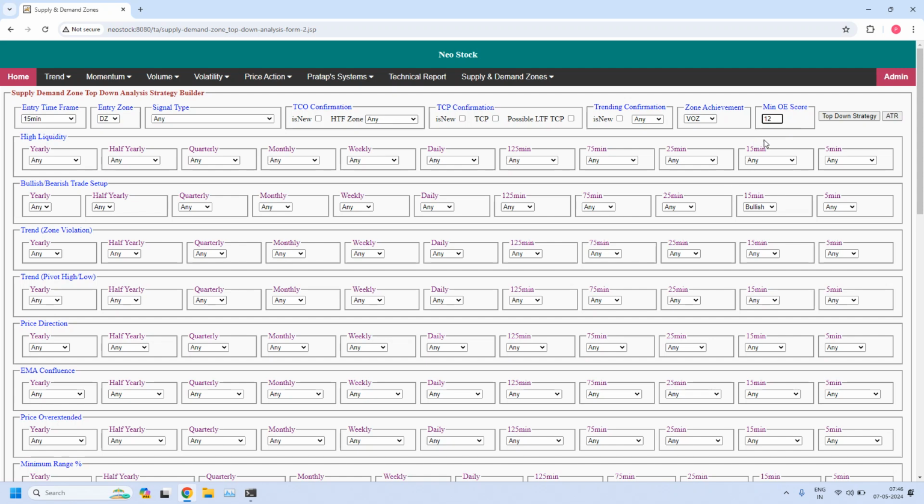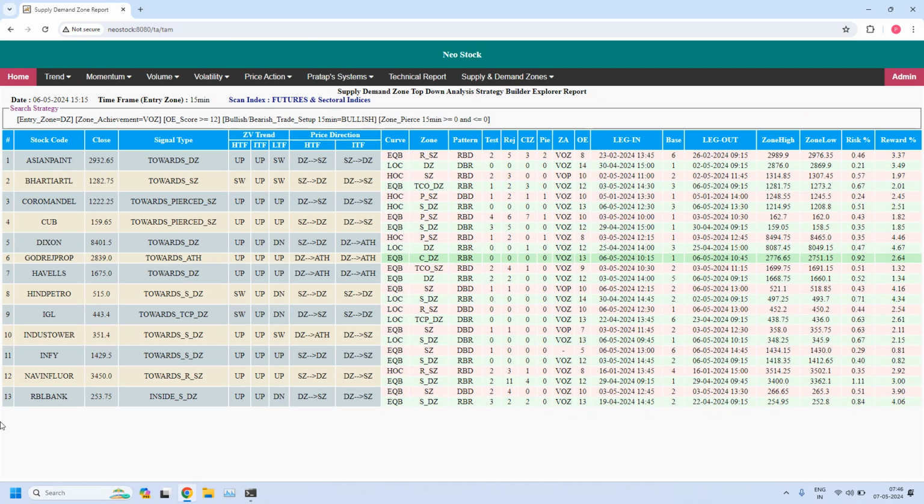Because for bullish or bearish trade setup, minimum odd enhancer score is 12. So with these filters, let us generate the report. So currently these 13 stocks are supporting bullish trade setup for daily income trade. You can pick up the stocks from this list based on your other requirements.